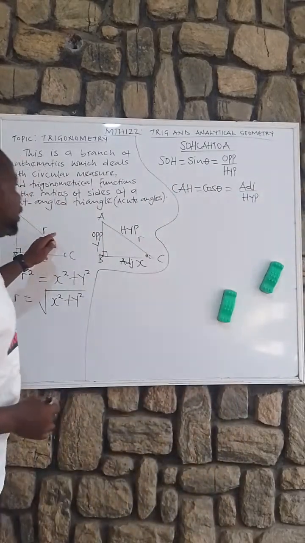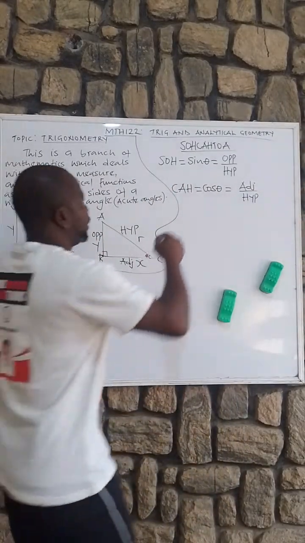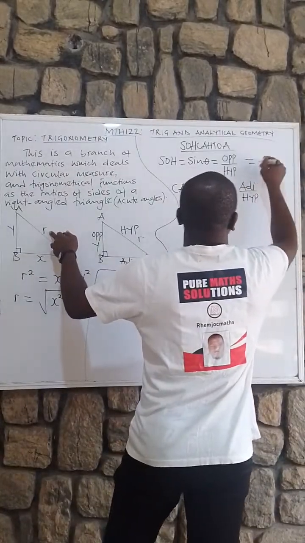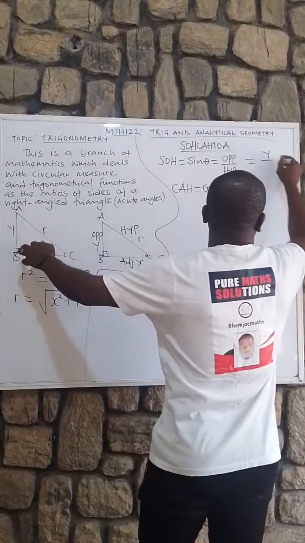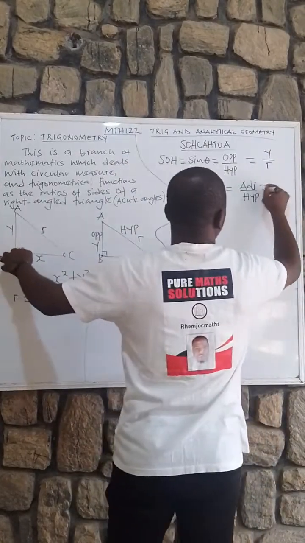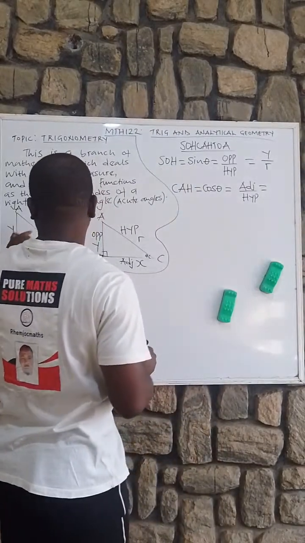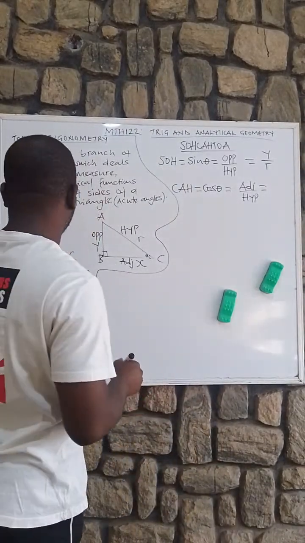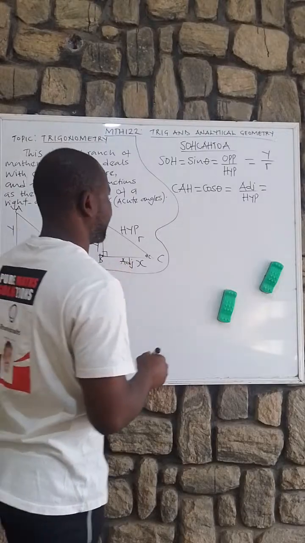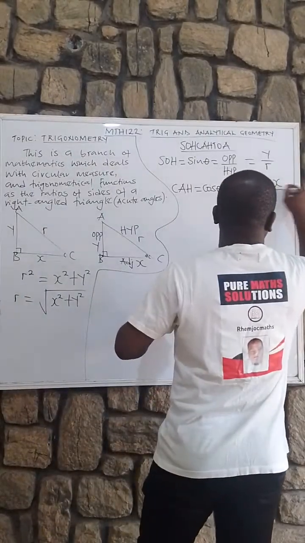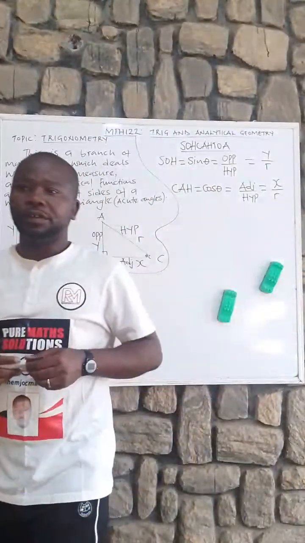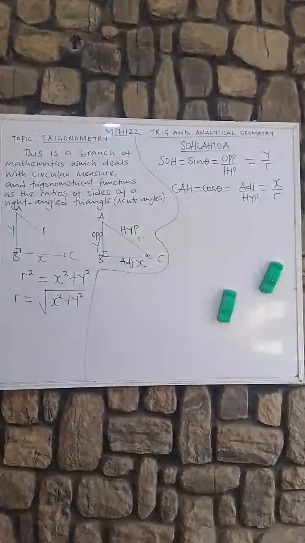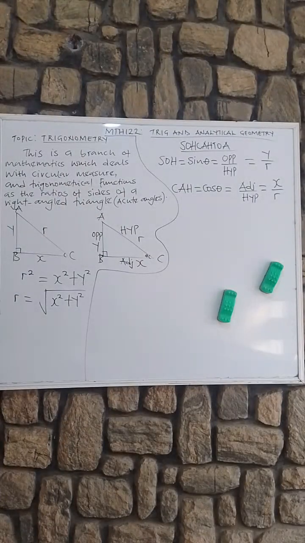Then when you look at it, opposite is y, right? So y all over r. Then, sorry, hypotenuse is r. Adjacent is, look at it, x, right? x all over hypotenuse, which is r. Do you understand? Any question before I proceed? Do you have any question? Any question?